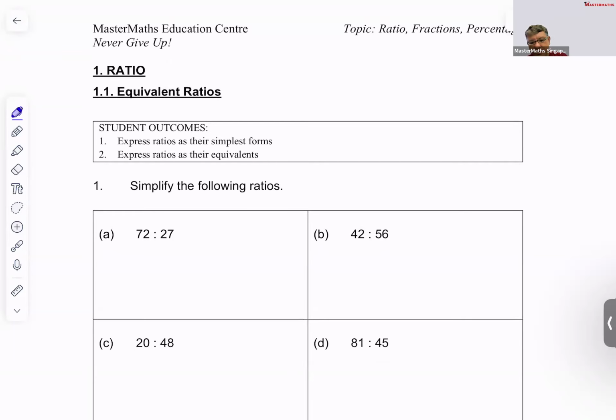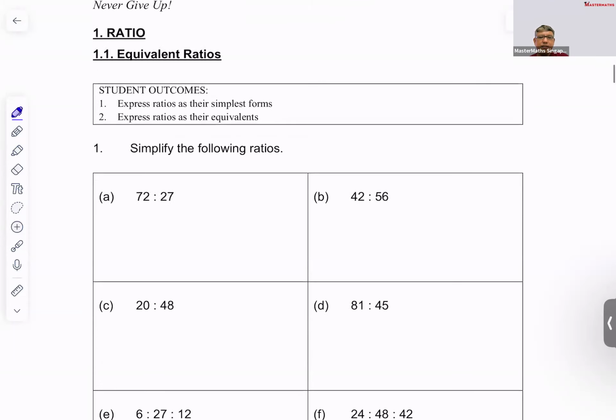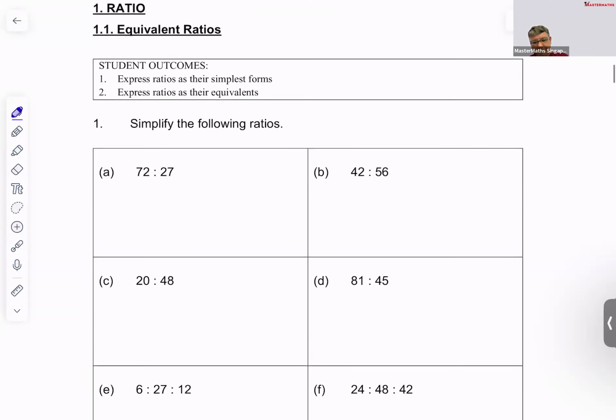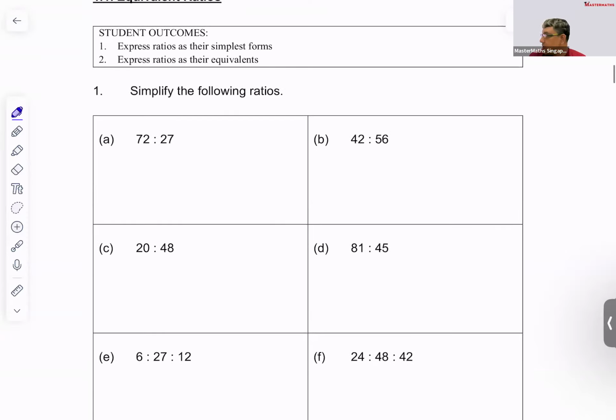But it's still not too late for you to start preparing now. Don't say that your PSLE is far away. If you ask the PSLE students last year, they wish they had started earlier. For example, when they sat for the exam, they realized, should have started earlier to prepare for my exam. There's nothing wrong with starting early.